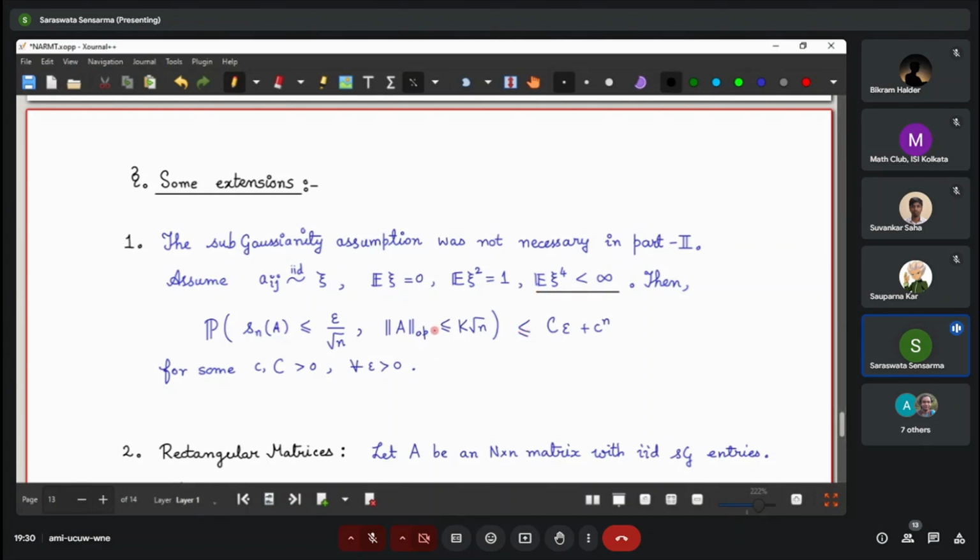Even then the second part is true. The only difference is you have to put this extra condition in here, because this was automatic from the sub-Gaussian condition, so we never had to put it because it will only give an exponential error. However, in this case, the first part wouldn't work. That is, the bounds on the smallest singular value actually used the sub-Gaussian assumption. So we have to put this condition in separately. This is the analog of part.